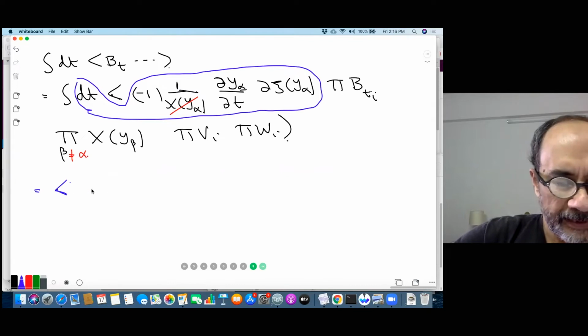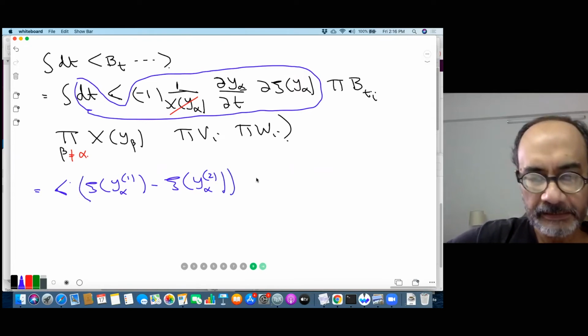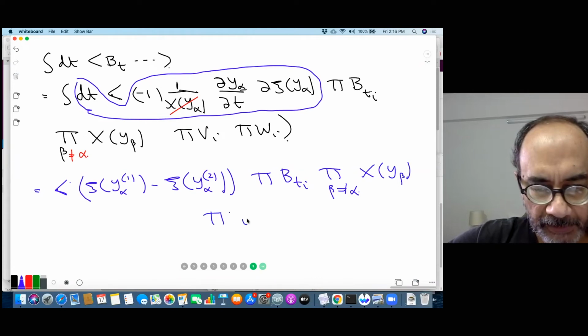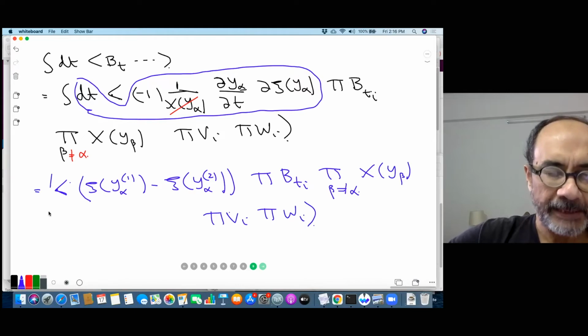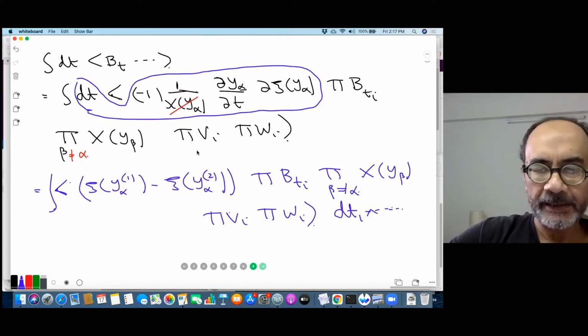So what you get is xi of y alpha 1 minus xi of y alpha 2, and then the rest: product over B_t_i, product over beta not equal to alpha of chi y beta, product over V_i, product over W_i, and then the rest of the integrals, one less because the t integral has been done.